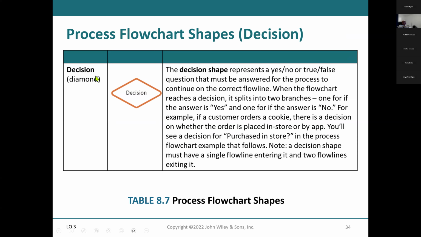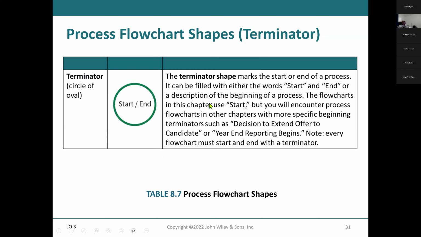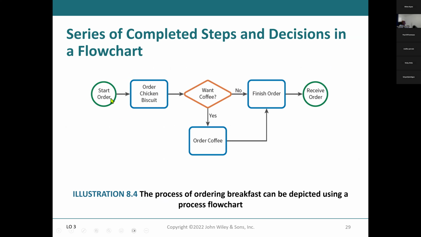Okay, next, the diamond shape. This represents a decision, and it could be yes, no, or true, false, something where something needs to be answered, and then based on that, it would split. So when the flowchart reaches a decision, it splits into two branches, one for yes, one for no, one for true, one for false, etc. So going back into our example, customer orders, and then next is a decision.